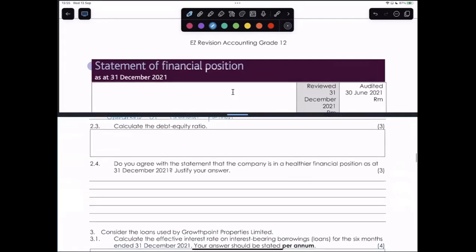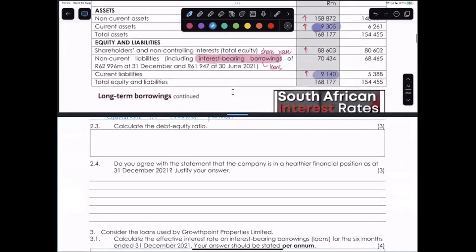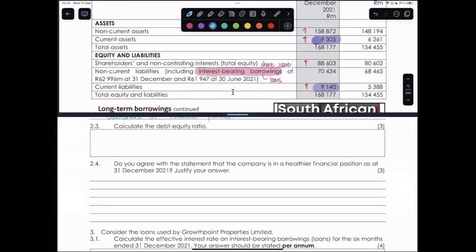You're then asked to calculate the debt-equity ratio. The debt-equity ratio is one of my favorites because you can easily see what goes into it, even if you don't have your formula sheet with you for some reason. The debt is simply your non-current liabilities, obviously, non-current liabilities compared to your equity, because it says equity. So all we need to do now is take the non-current liabilities, and specifically we're looking at our loans.